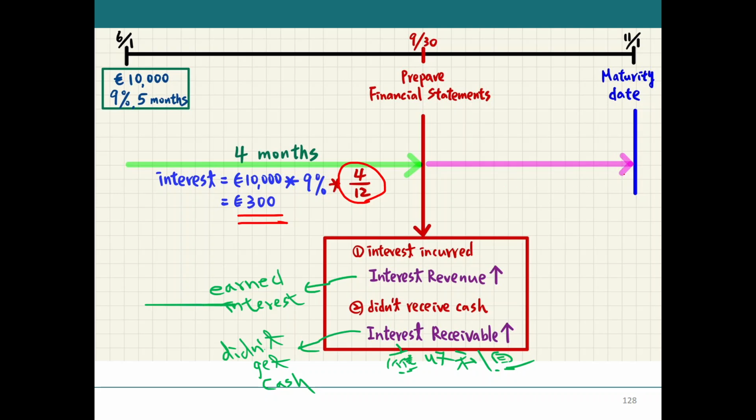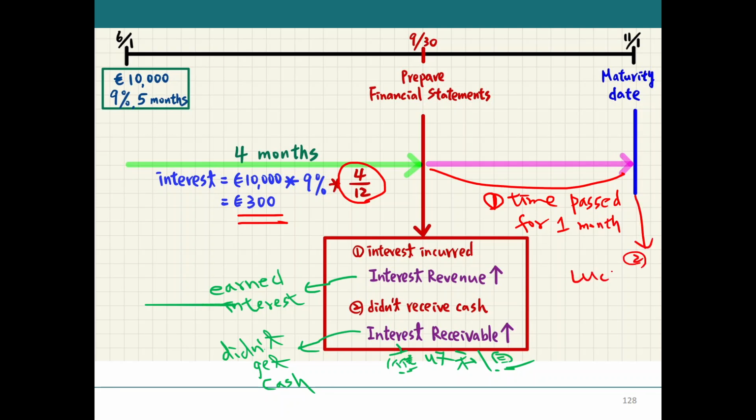First is time passed for 1 month. Second is what? You are lucky. Today you are lucky, so you got cash for principal and 5-month interest.